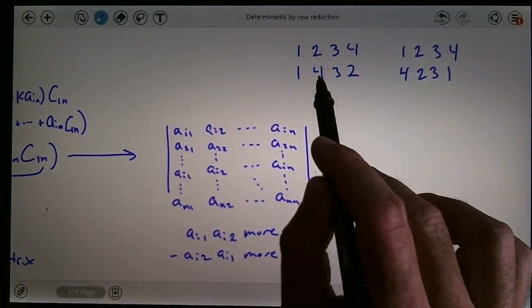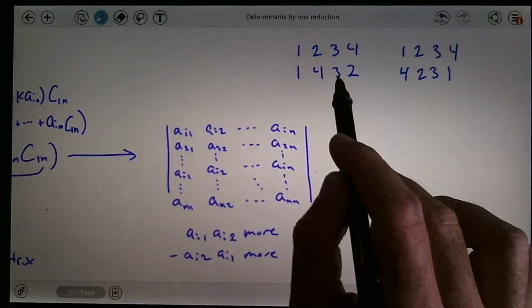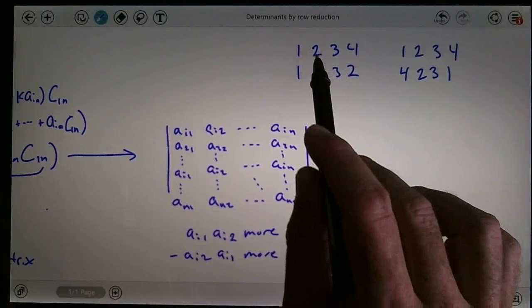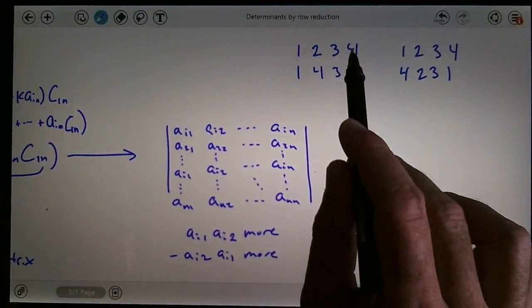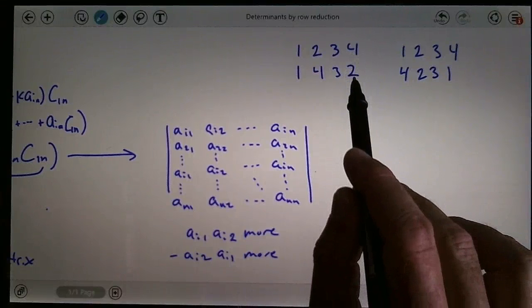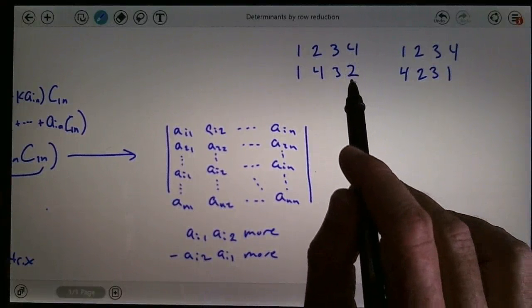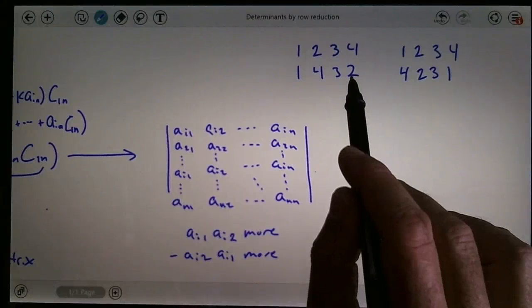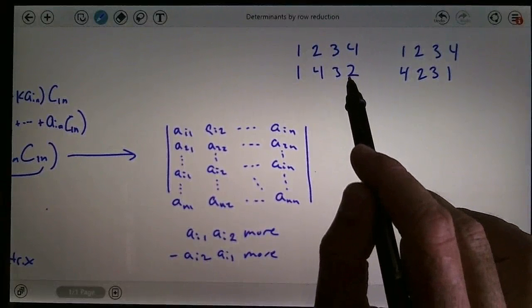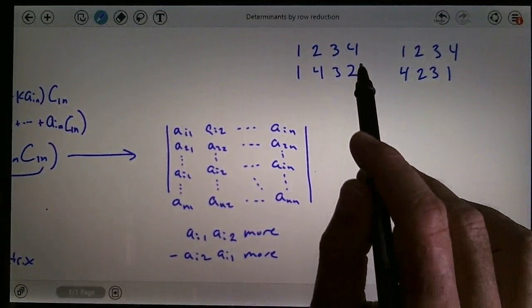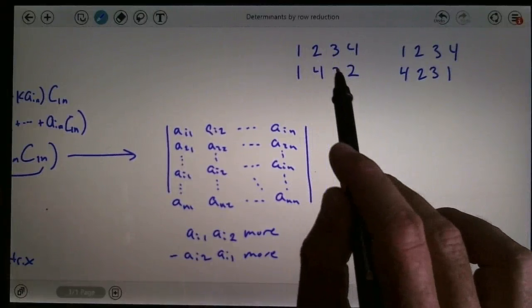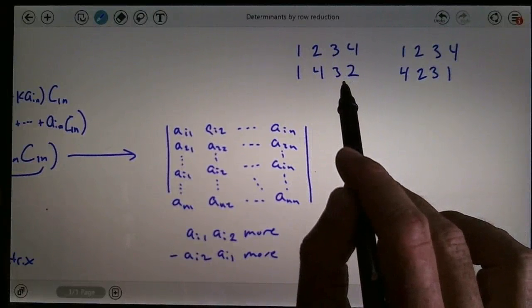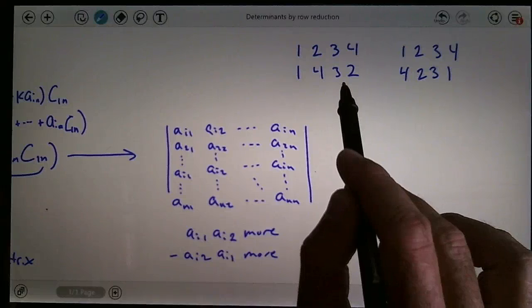You've made one place where you've got a bigger number in front of a smaller number. But also putting the 2 on the other side of the 3 would create an inversion. So that's two inversions created. Two inversions doesn't change the sign. However, you've also swapped the 4 and the 2, creating a third inversion. So that's 3 inversions, and the sign changes.